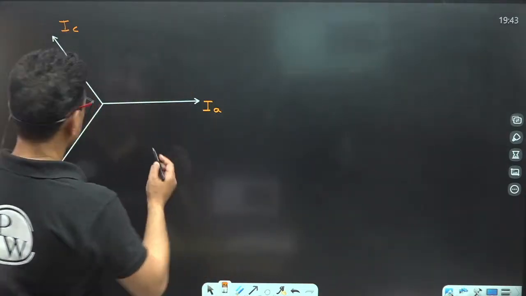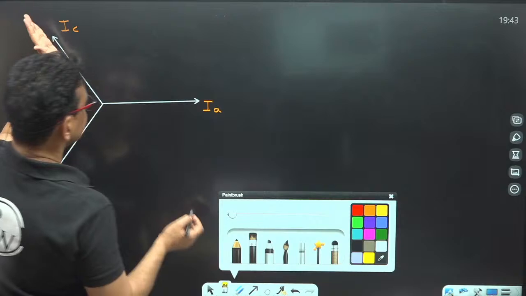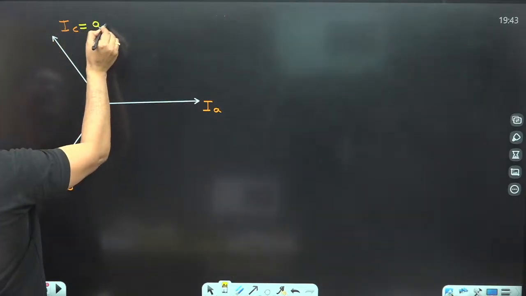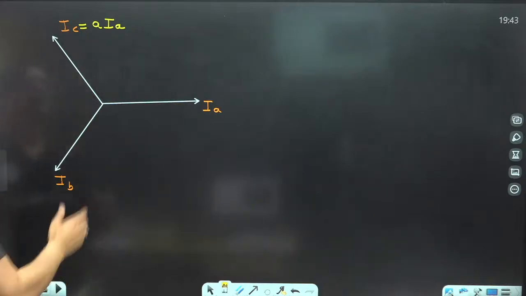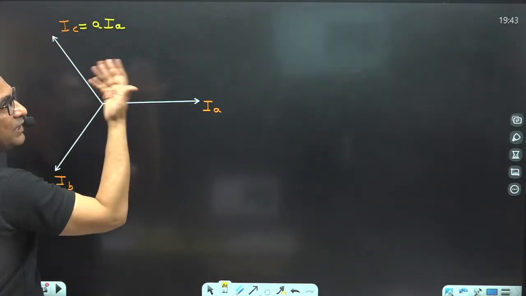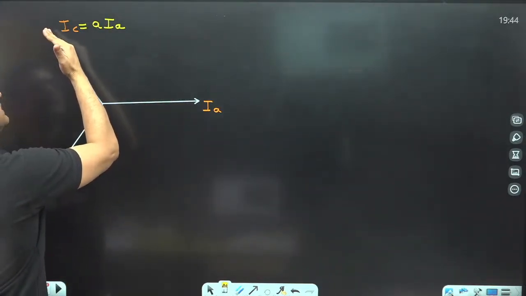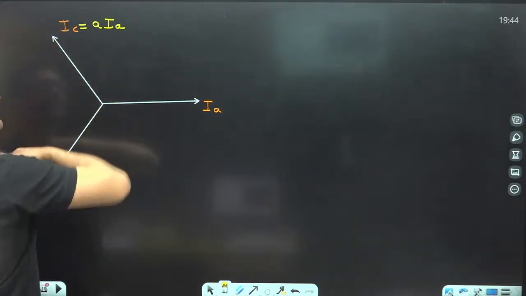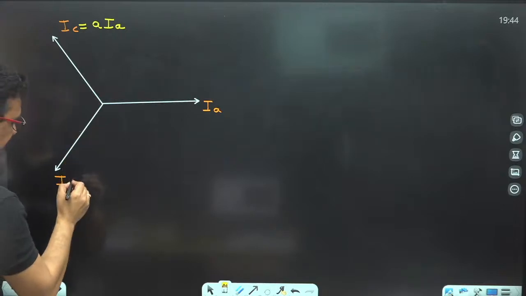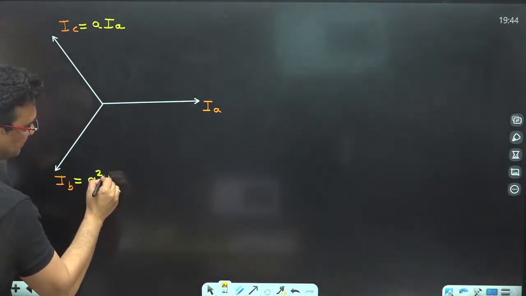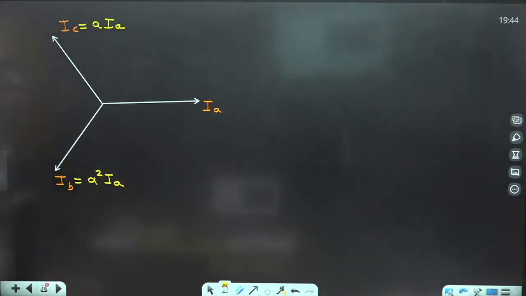That means IB is equivalent to A into IA. If I further multiply the A IA phasor by the A operator, it will further rotate 120 degrees anti-clockwise. So this is A square into IA. So I have converted all three phase currents in terms of the A phase current. This point is clear? Okay.